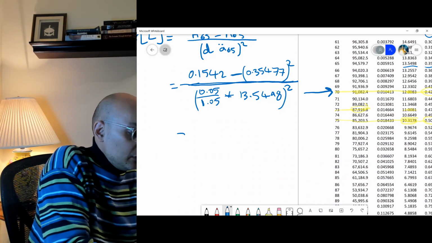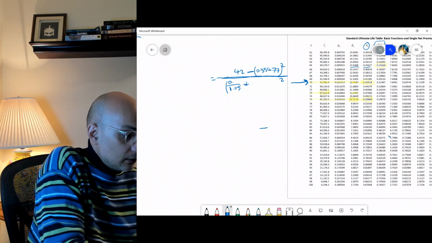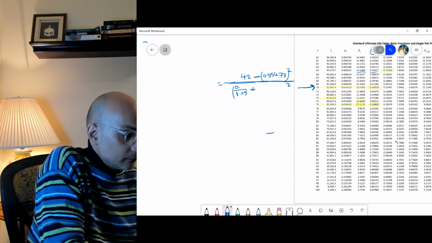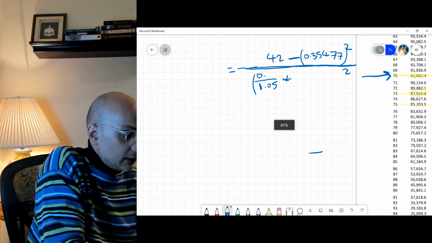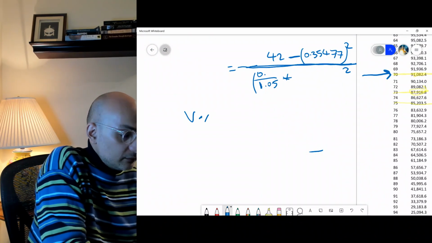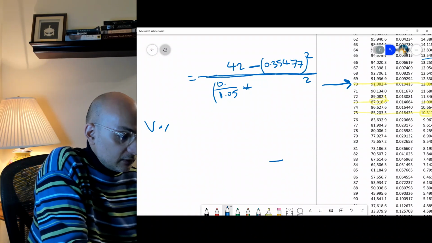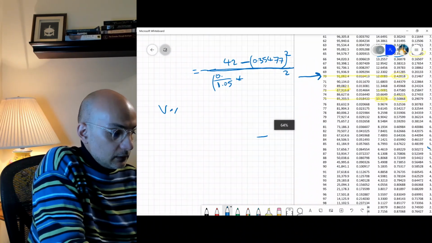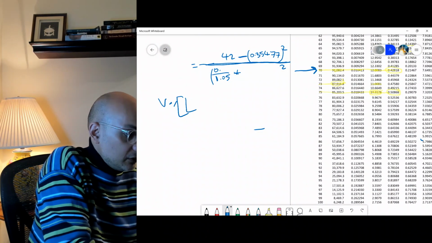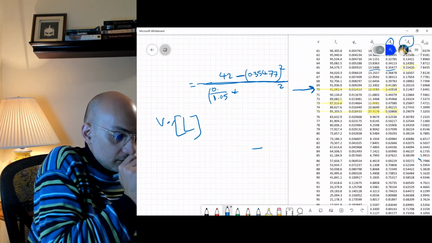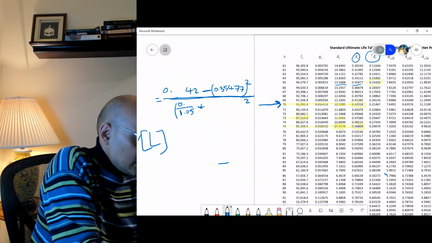And now if you do the calculation for this one, sorry, it disappeared, I don't know where it disappeared.